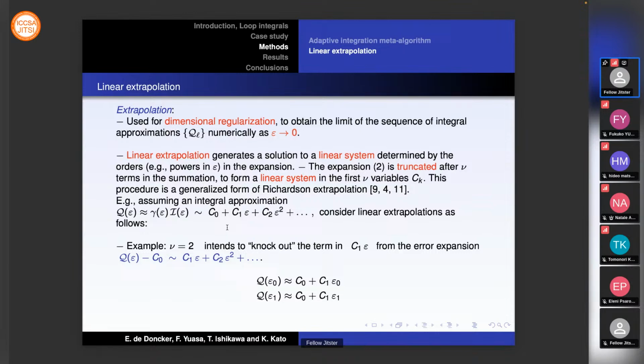So assuming that we have, for example, an asymptotic expansion of the form that is given here, C0 plus C1 epsilon plus C2 epsilon squared, etc. The first linear extrapolation will use approximations Q of epsilon 0, Q of the next epsilon value epsilon 1, and then truncate the asymptotic expansion after 2 terms so that we get a 2-by-2 linear system that can be solved for C0 and C1.